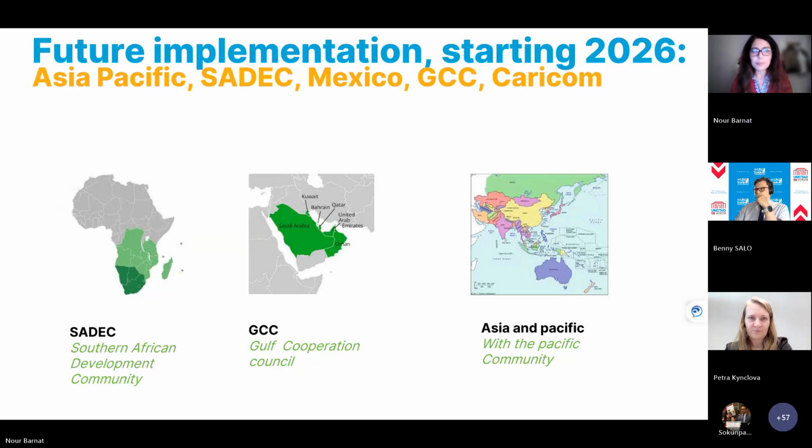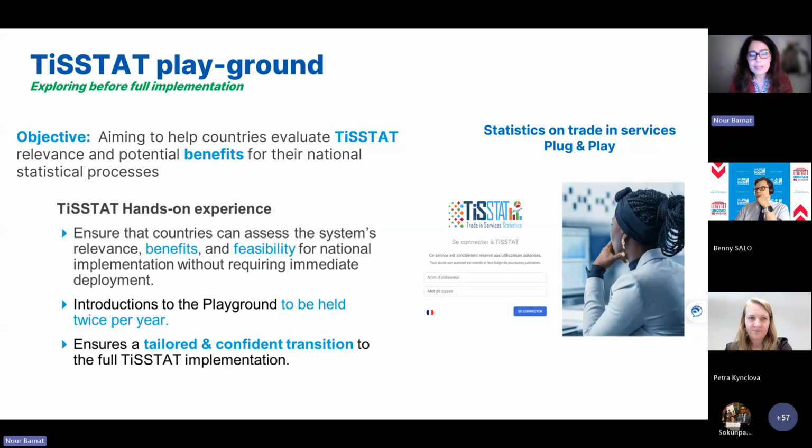In UNCTAD, we have developed what we call the TiSSTAT Playground. The objective is to help countries evaluate TiSSTAT's relevance and potential benefits for their national statistical processes before full implementation, and before even deciding that they will adopt TiSSTAT. We offer this opportunity to ensure that countries can assess the system's relevance, benefits, and feasibility before they decide to implement.